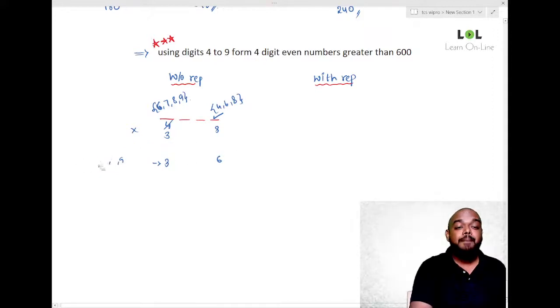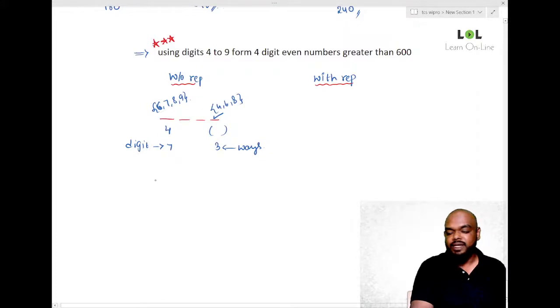So then what happens if I try to start from thousands place? Exactly the same problem will come. Observe. I fill it in 4 ways. But here I do not know how many ways. I'll tell you later why. Suppose I used a digit 9 or 7 here, no problem. I can fill it in 3 ways. All 3 are available.